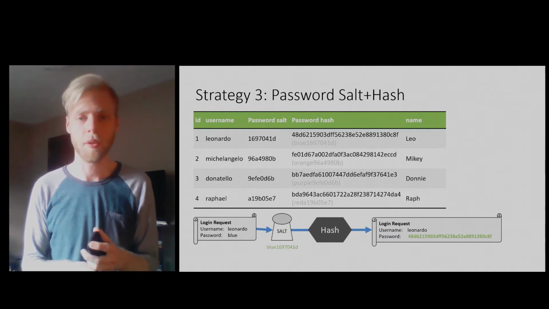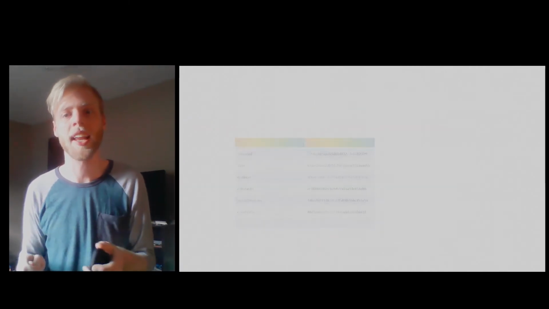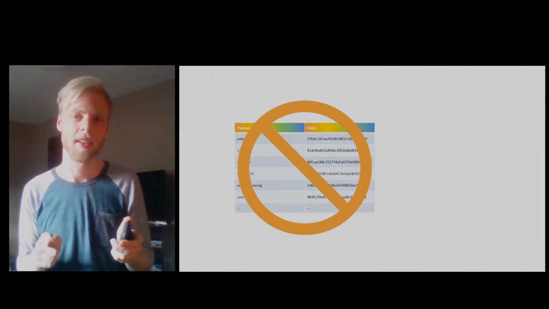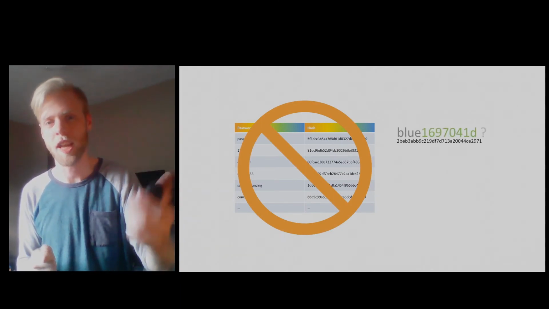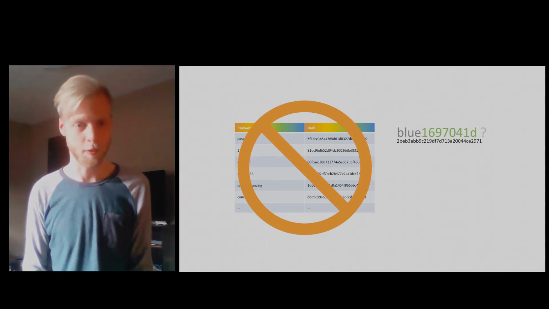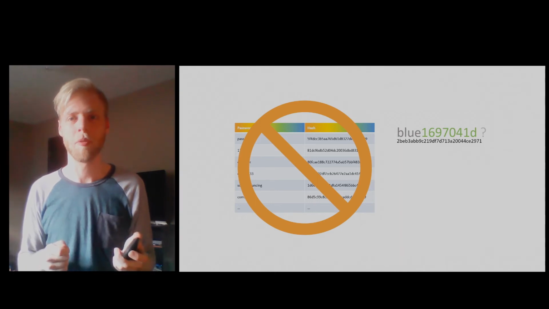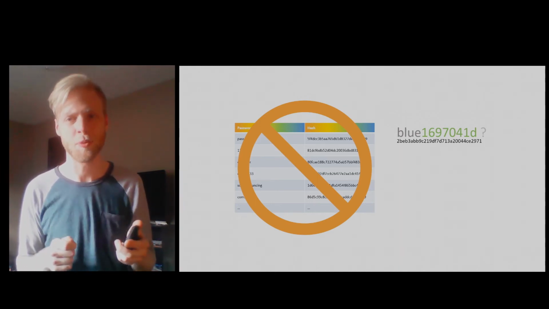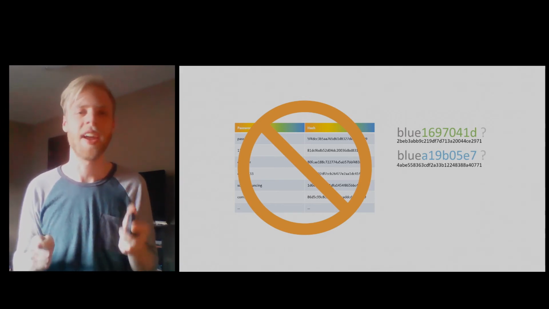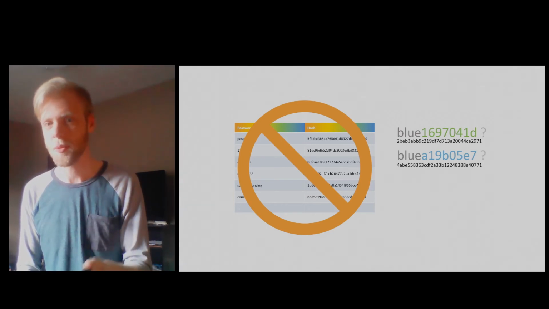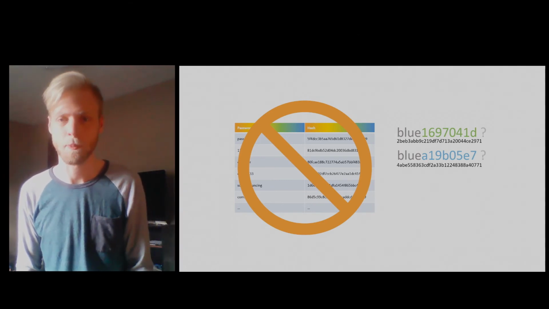So, this prevents a hacker from using a rainbow table because now every password has a random string of characters at the end of it, meaning that it's very unlikely that this password with the salt attached to it is going to show up in the rainbow table. What's more is that if two users have the same password, even if the hacker can deduce what one of the passwords was, because the salts are different on the same passwords, the hash is going to be different on each password too.